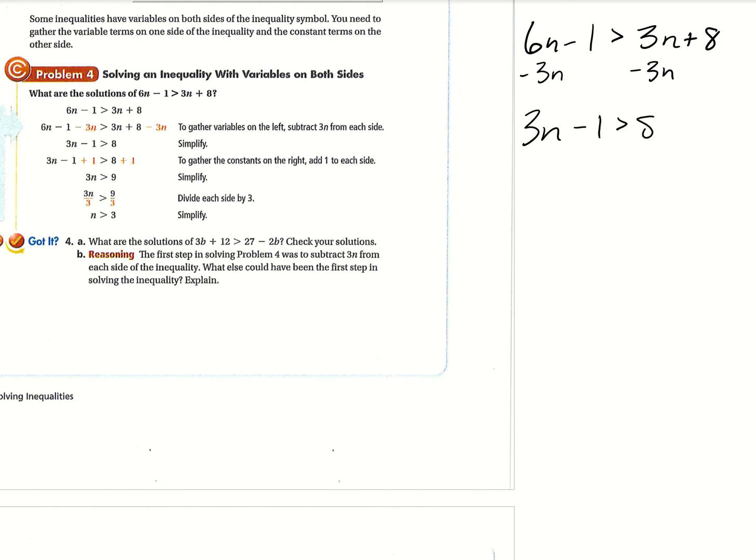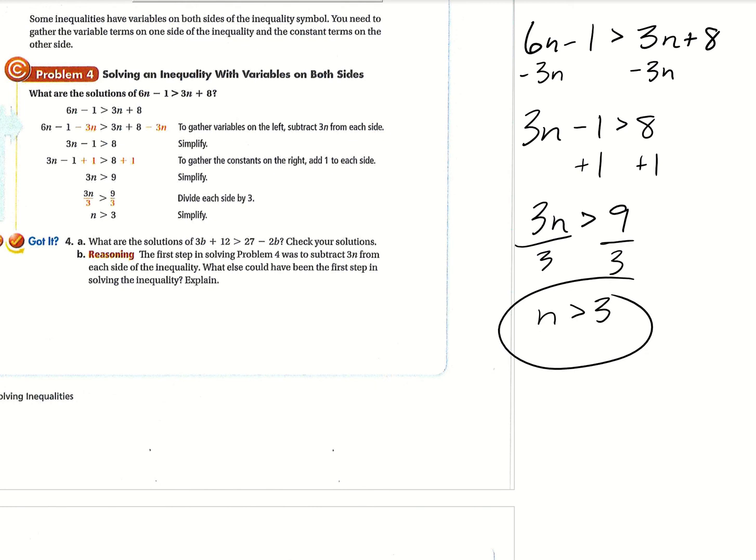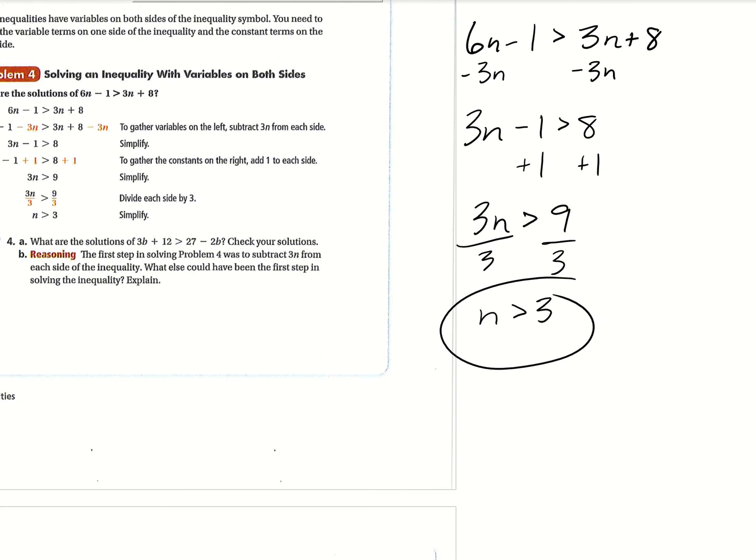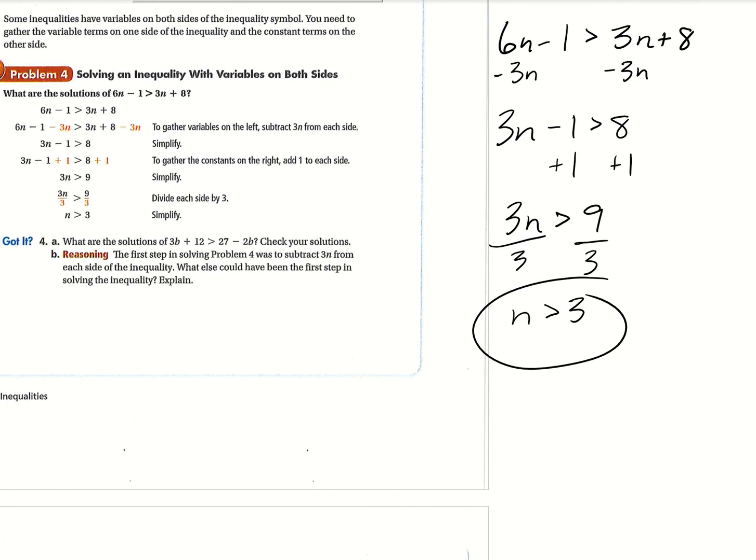And then I'm going to add 1 so we can get all the constant terms on the other side. And then we're left with 3n is greater than 9. Divide both sides by 3 to isolate the variable, and we're left with n is greater than 3. So that one's really quick, pretty simple. I don't think we need to try it. If you want to try one, A would be your go-to, but you are not required to try that one.